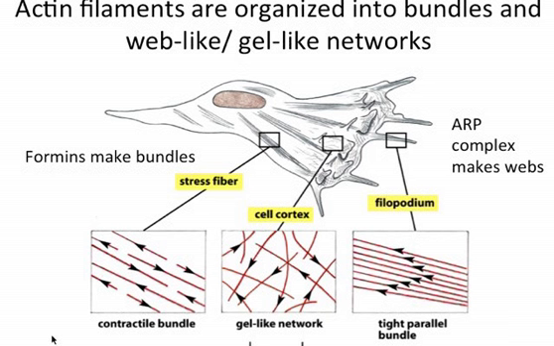Part of it is due to the nucleating protein, because ARP likes to bind at an angle, and it creates these angled actin networks. But another part of it are the different cross-linking proteins that are involved. And then formins make these bundles, so these stress fibers.